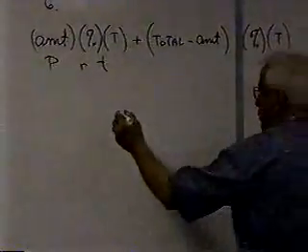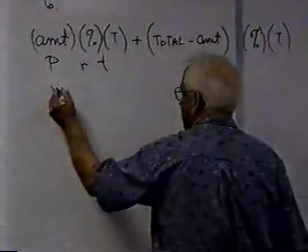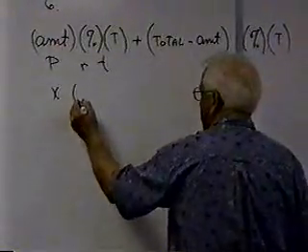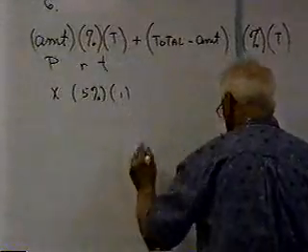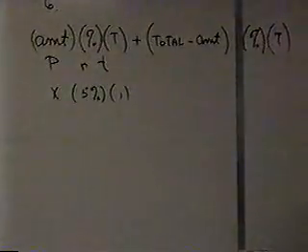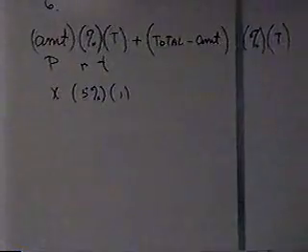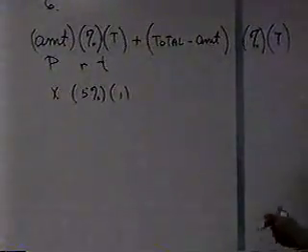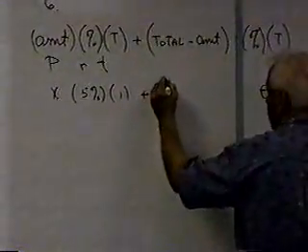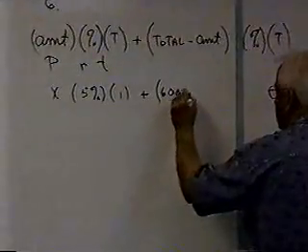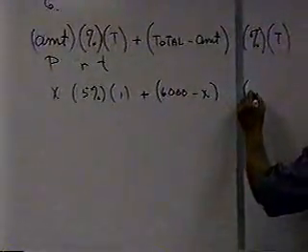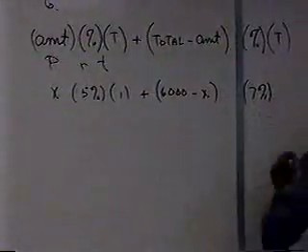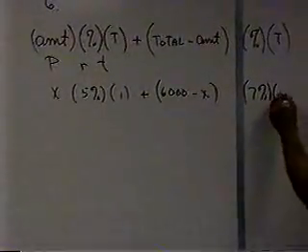All right, so let's do the amount. So amount is X at 5% for 1 year, okay? Because it says annual. All right, then the total, which would be 6,000 minus that X, times its interest times 1 year.